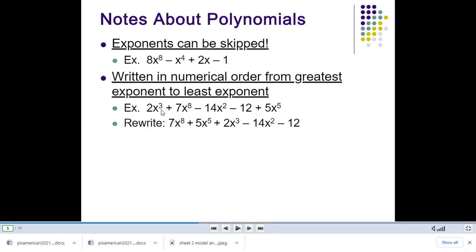Which one is the greatest exponent in this expression? Power 8. Then we will take the whole expression, not just a part of it. The first one will be 7x to the power of 8. It seems like you are going to move down, right?